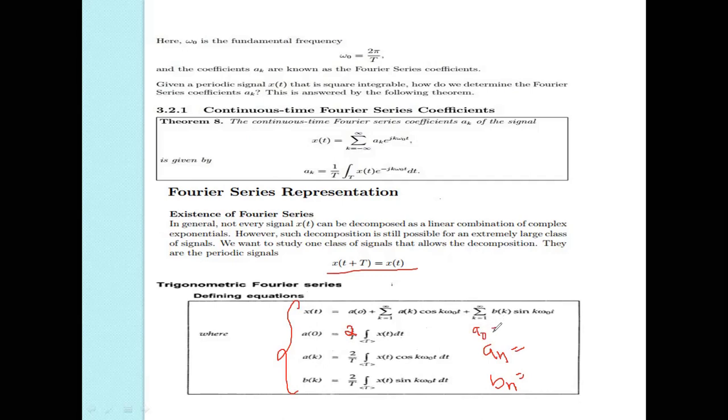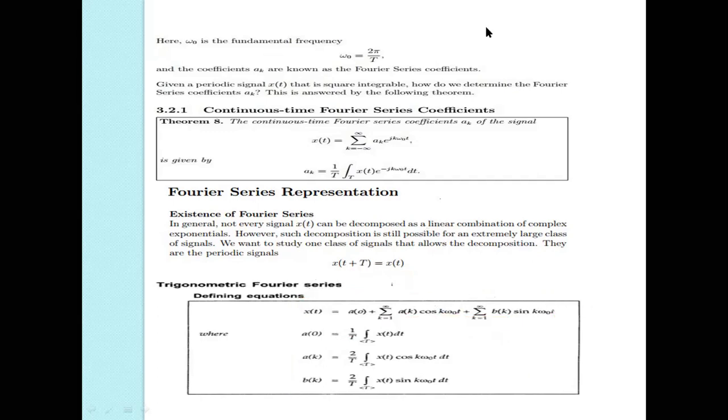The trigonometric Fourier series expression has three terms: a of 0, the sum over k equal to 1 to infinity of a of k cos k omega naught t, and the sum over k equal to 1 to infinity of b of k sin k omega naught t.